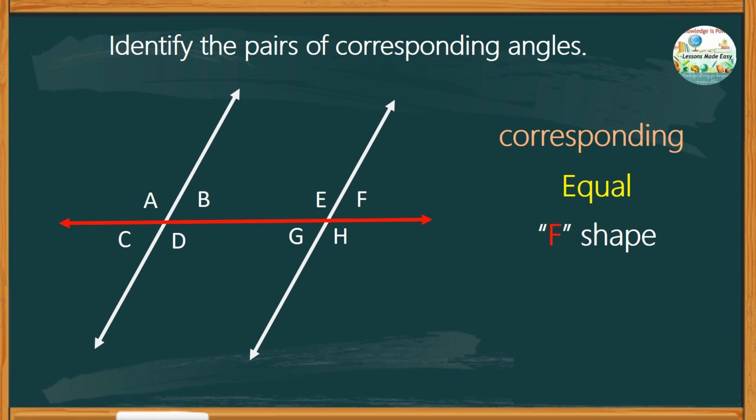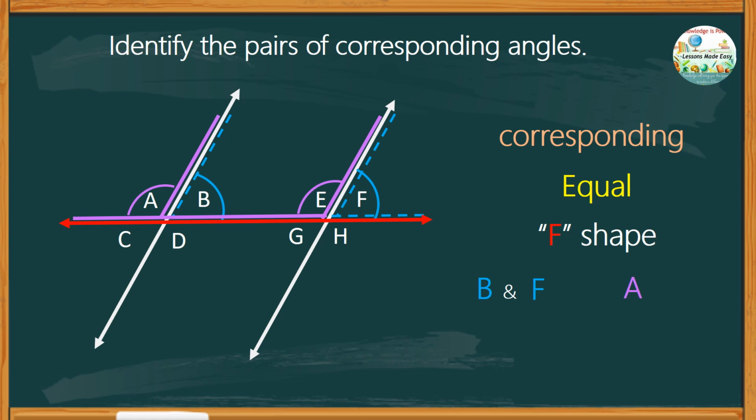Let's look at the upper part of the transversal. Right here is an F shape, is it not? Only the F shape is upside down, and these two angles are equal, angles B and F. On the other side of the transversal, there is an inverted F, and these two angles are equal, angles A and E. Now, let's study the angles below the transversal.